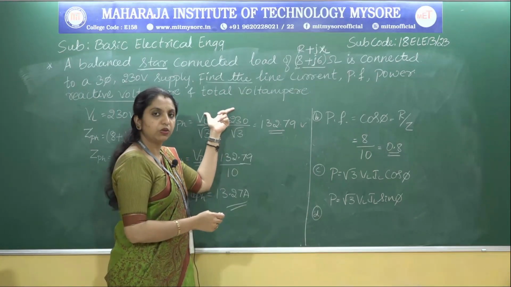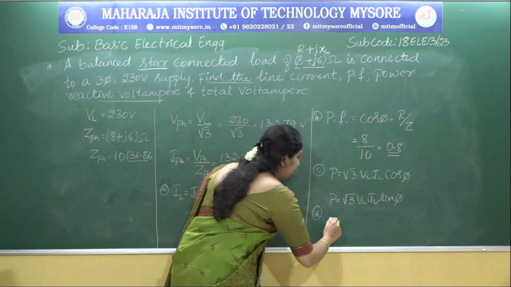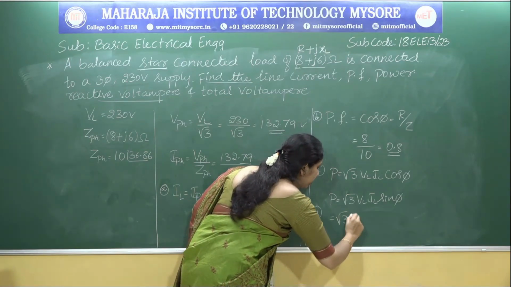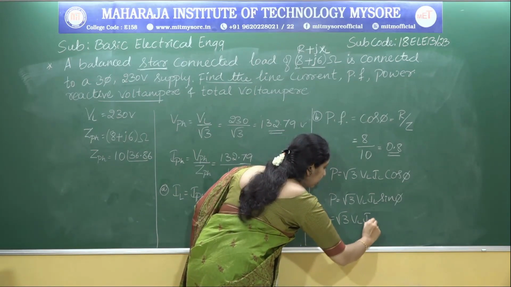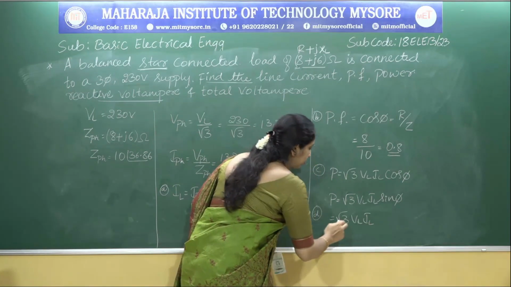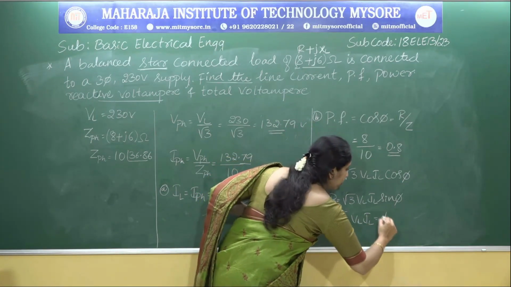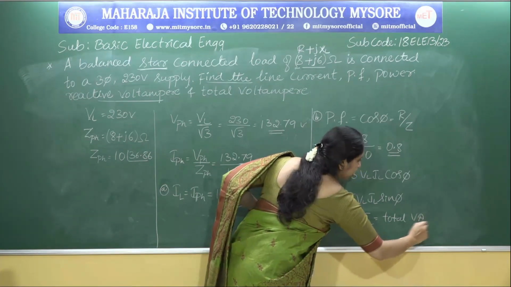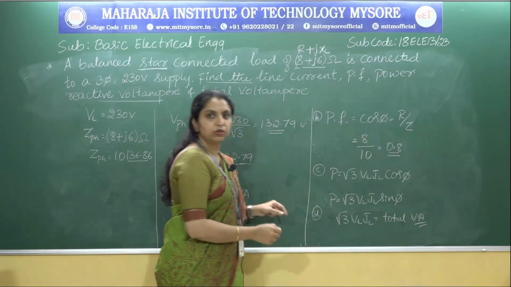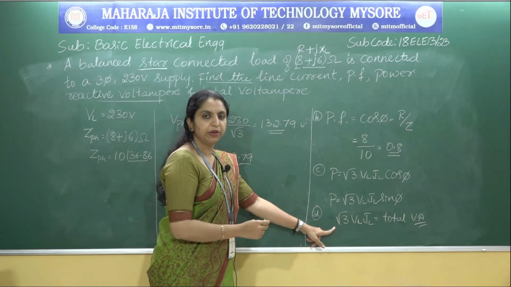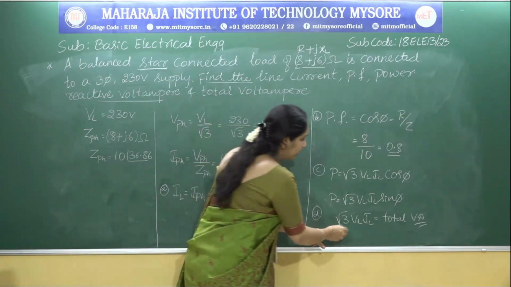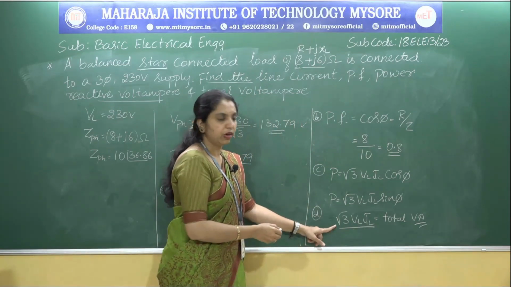In the last part, that is total volt amperes, which is equal to root 3 VL and then IL. While calculating total volt amperes, we do not need cos phi and sin phi, so we can have only root 3 VL into IL.